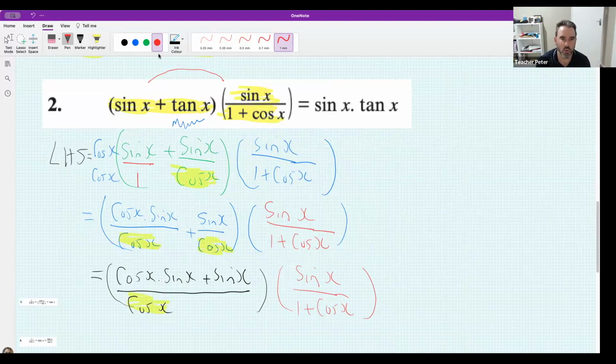I have a feeling that the action is all going to be in this top bracket here because it's the messiest. It almost feels like that's where we need to clean something up. But what I'd really like to be able to do is cancel some stuff out. At the moment, there's no factors that could cancel. Who has an idea about what we could do with the green stuff?